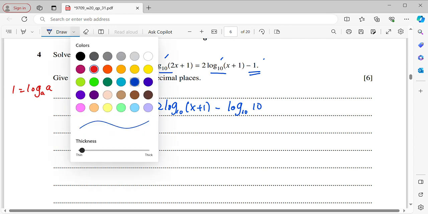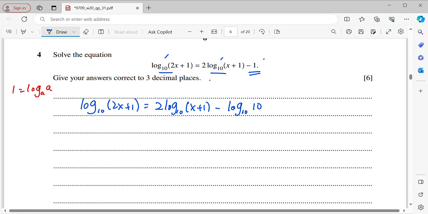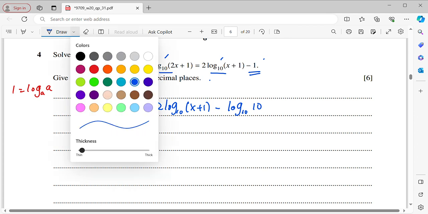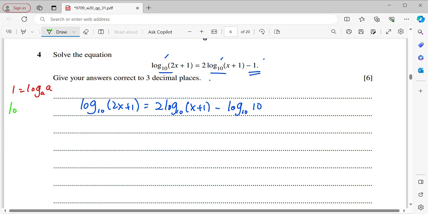Right, so from here, since now you have 2 log on the right side, I have to combine first. But before we combine we have a formula: log a to the power b equals b log a, and then I'm going to apply log a minus log b equals log a over b.